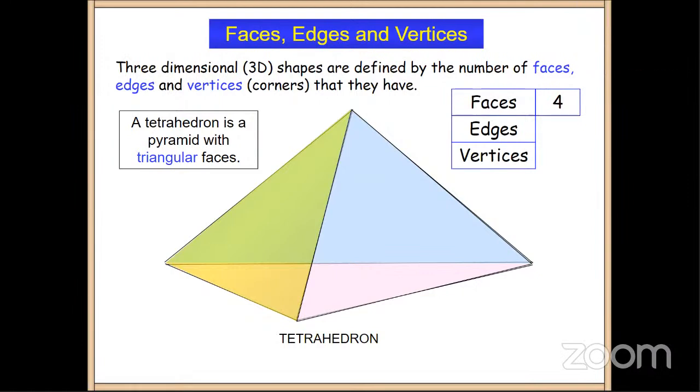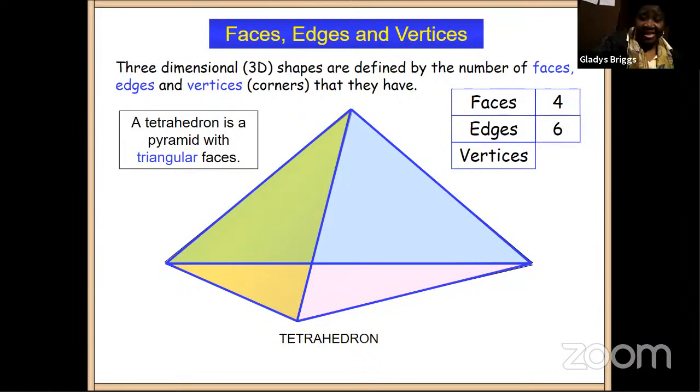It will actually have 1, 2, 3, and on the bottom 4, 5, and 6. Six edges, okay? How many vertices, guys? 4. Well done.